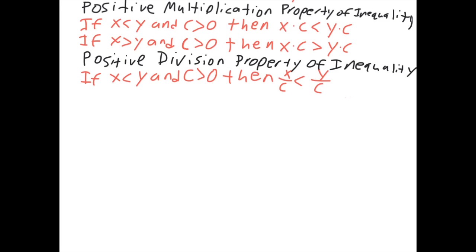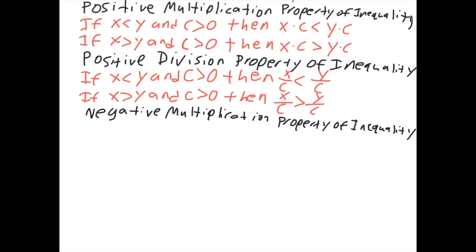And the other way works as well. If x is greater than y and c is still greater than 0, then x divided by c is greater than y divided by c.